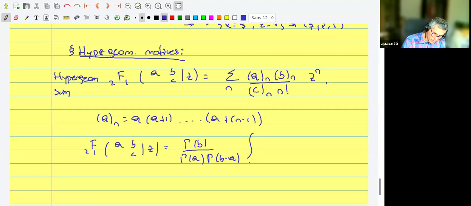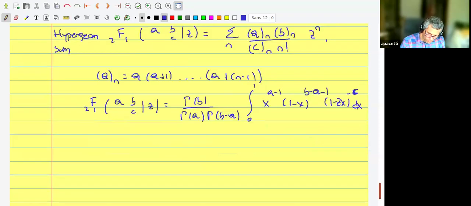It's not that important, the constant, but it plays a role. Then the integral of x to the a minus 1, 1 minus x to the b minus a minus 1, 1 minus zx to the minus c dx.